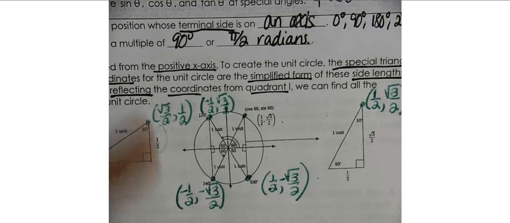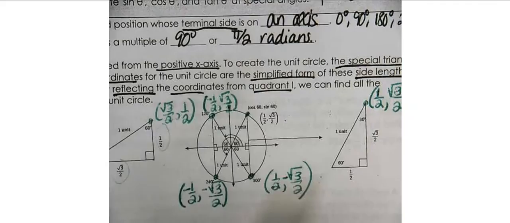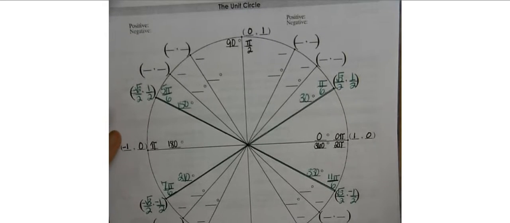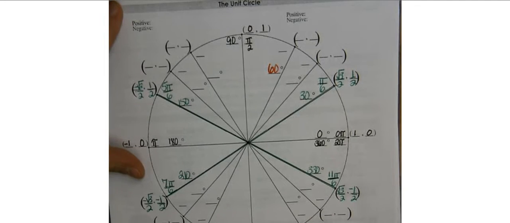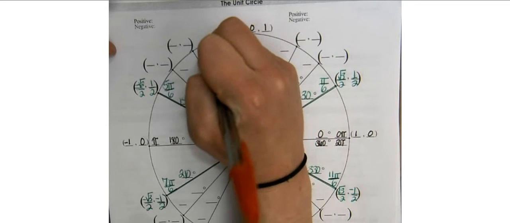So now I'm going to flip over to the unit circle and fill in this information. I'm going to pick out a different color, so I'm going to choose red this time. Every 60 degrees, I'm going to fill in all of my 60-degree angles. So 60-degree angles are going to be divisible by 60. So 60 degrees, adding another 60 degrees will give us 120 degrees.